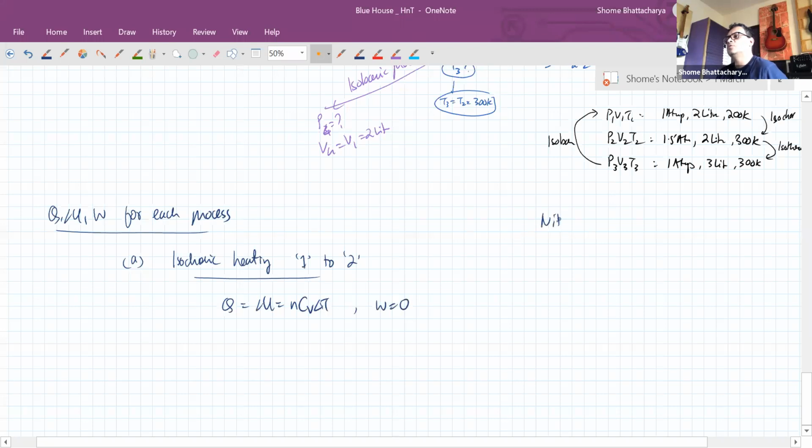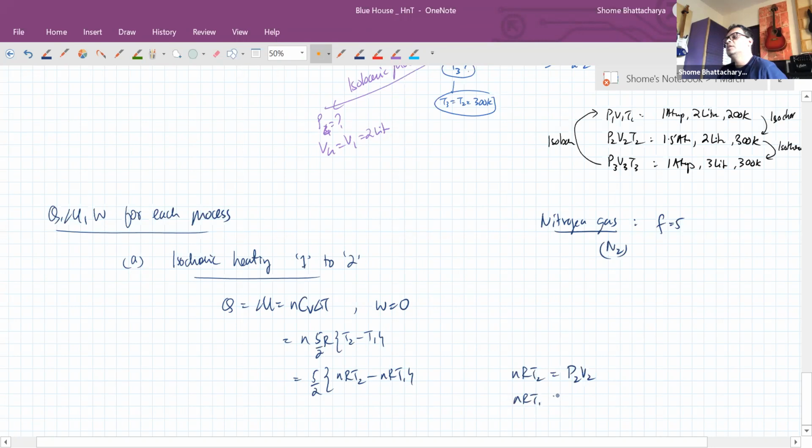Now the gas was nitrogen gas. So the degrees of freedom would be 5, diatomic gas. Now we can write it like this, that nRT2 is P2V2, nRT1 is P1V1.